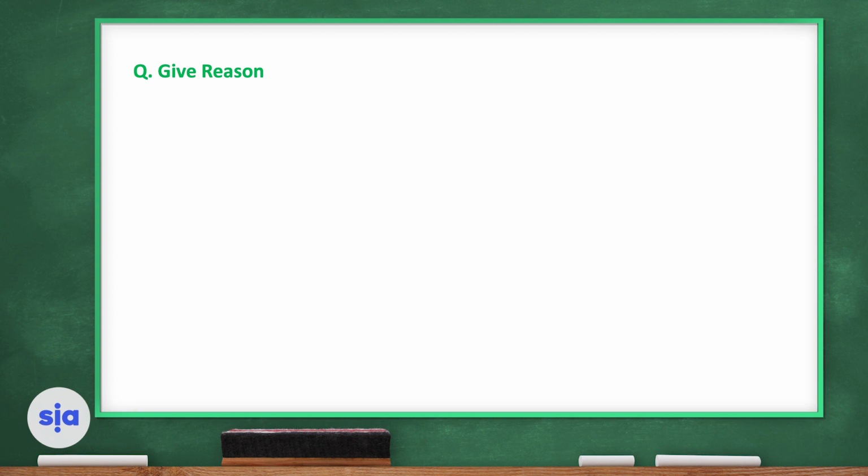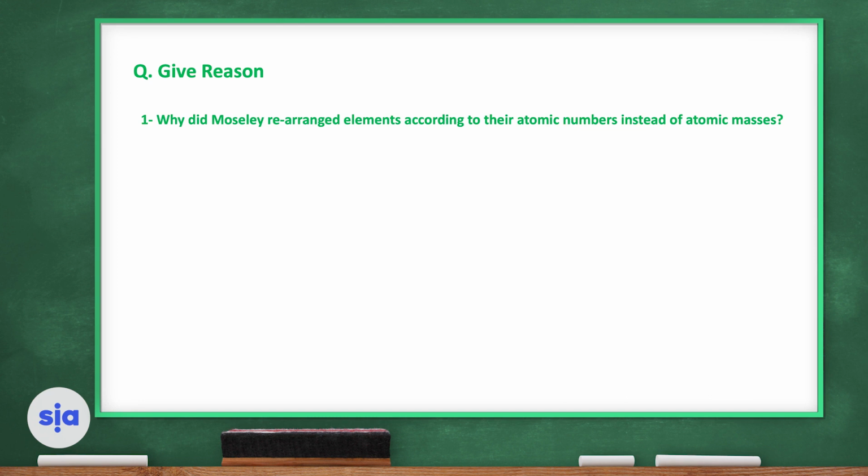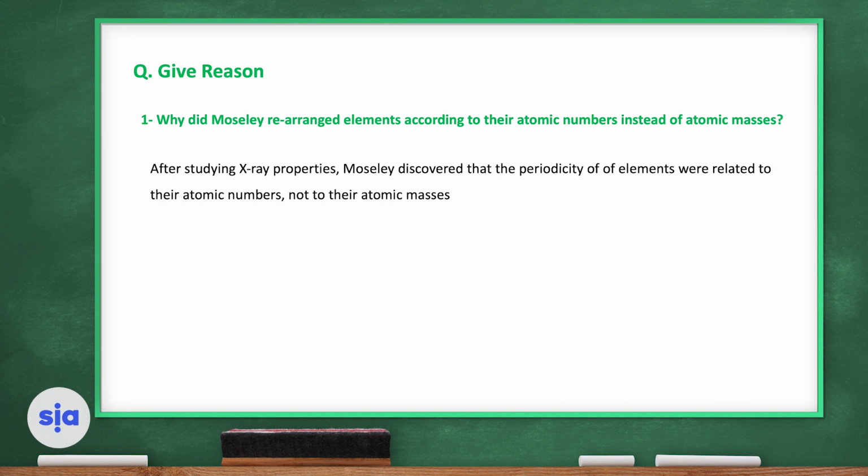Now give reason. Why did Moseley rearrange elements according to their atomic numbers instead of atomic masses? Because after studying the X-ray properties, he discovered the periodicity of elements, that the arrangement of elements are better related to their atomic numbers.